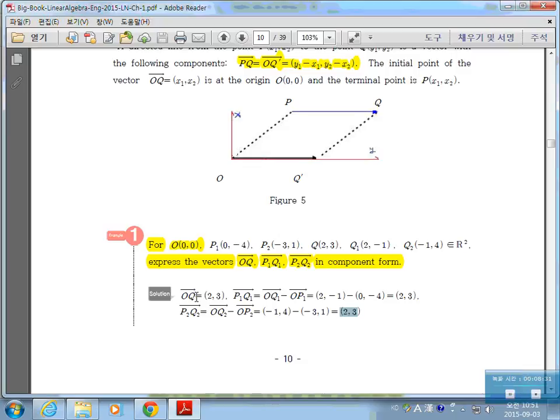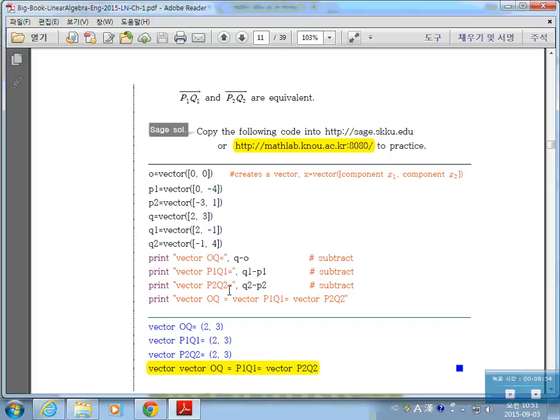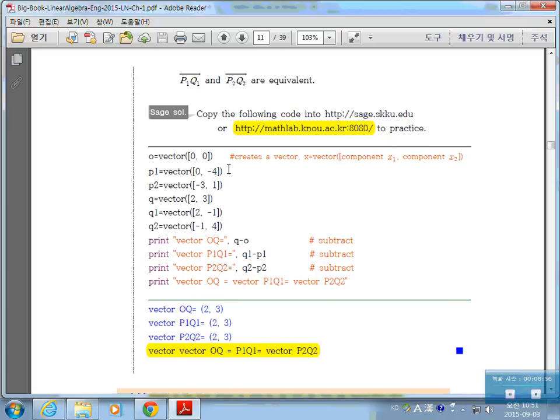As you see here, the vectors OQ, P1Q1, and P2Q2 all consist of the two components 2 and 3, which means these three vectors are all the same. They are all equivalent vectors. This example shows it.